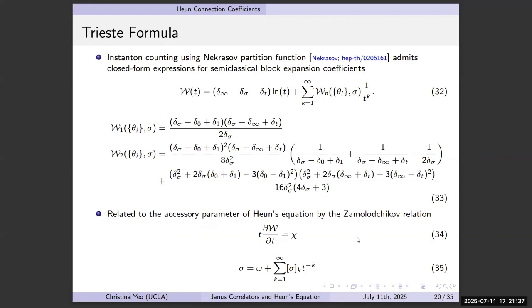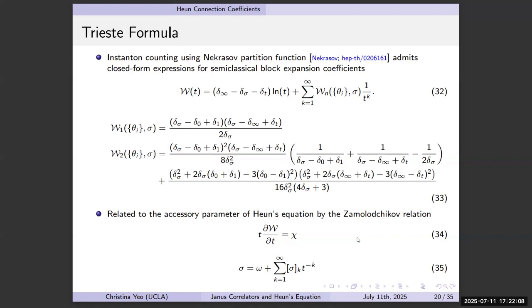And then to fix the semi-classical Virasoro blocks, we go to the SCFT side of the AGT correspondence, and from instanton counting, the large T expansion, the coefficients get fixed like so. In principle, we could go higher order, but we stopped at second order because that was sufficient to get the first non-trivial correction to the quantities that we want.